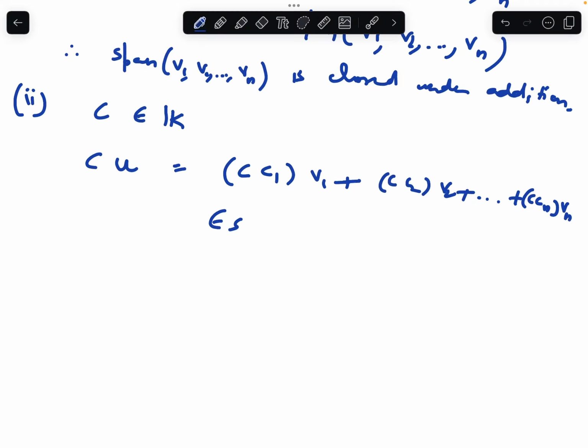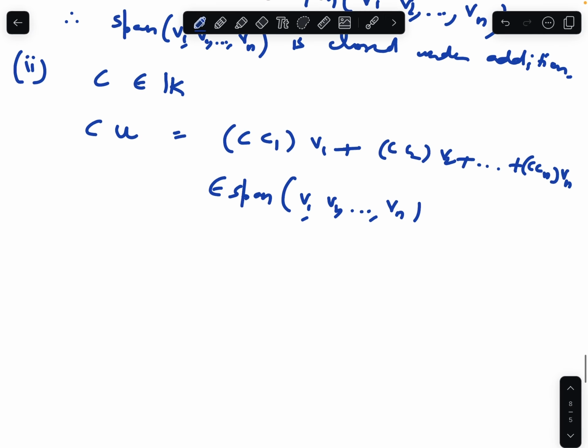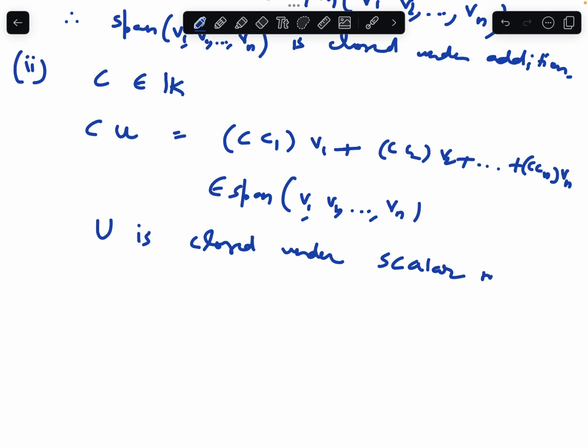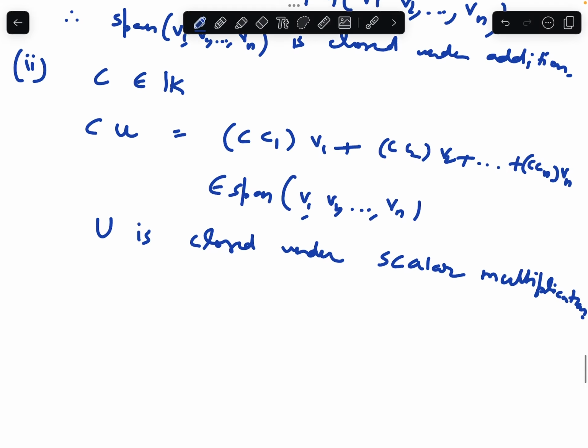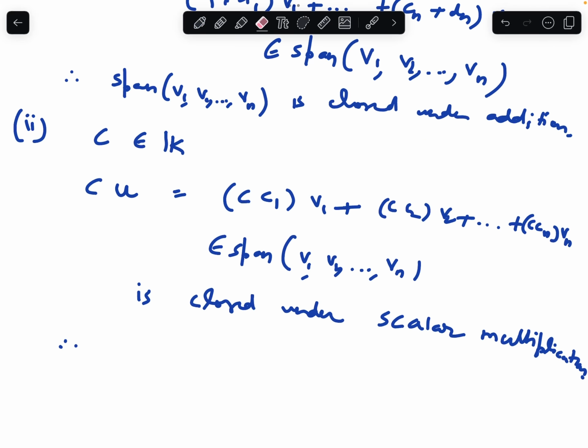So this is also in span, because span is the set of all linear combinations of V1, V2, Vn, and therefore this condition is also satisfied. So we can say that U is closed under scalar multiplication, right?